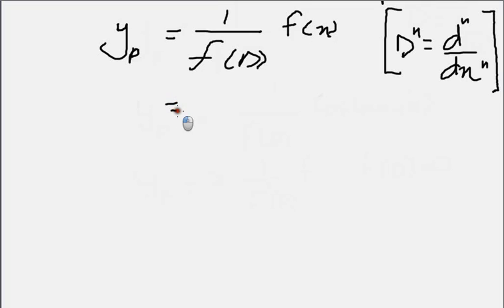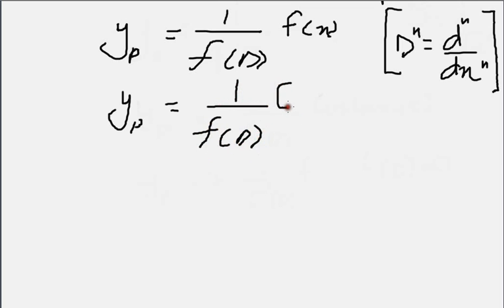So let's solve this equation. Yp equals to 1 over f of D. Fx was cos ax plus b.